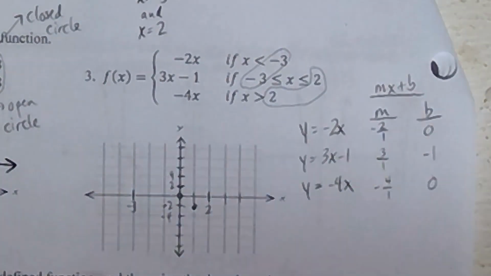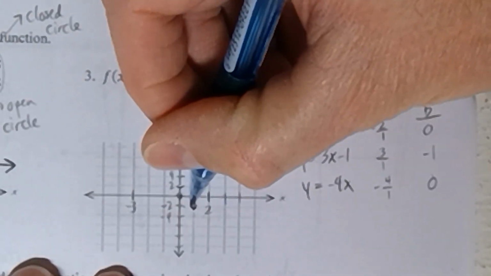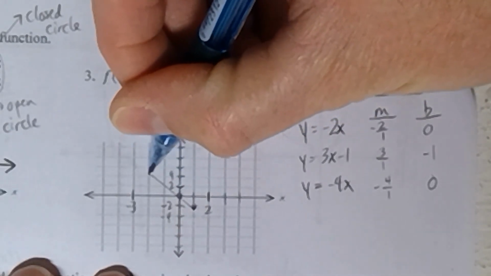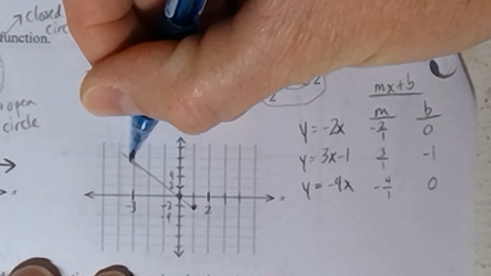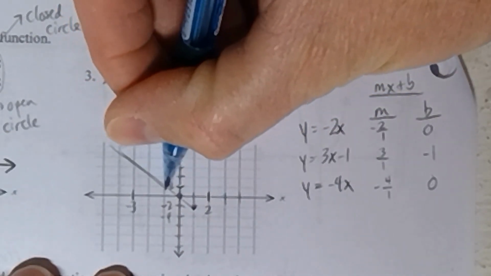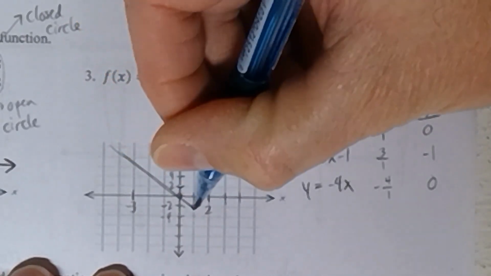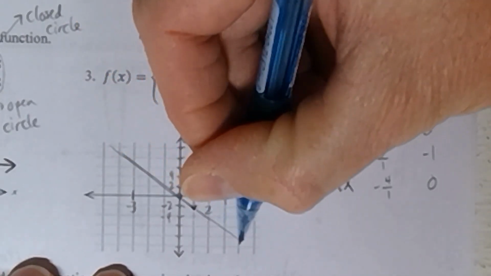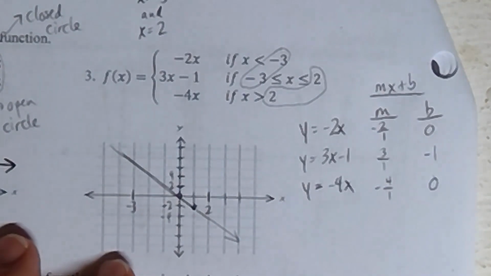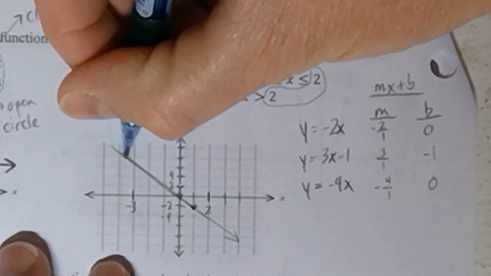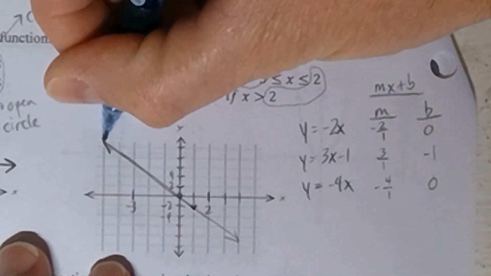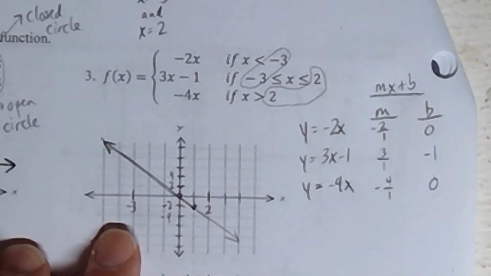Now, if I draw that line right there, do not draw it too dark like we talked about. It is going to look like this right here. Okay. Again, don't draw it too dark. Okay. But what part do I want to keep? Just the part that is to the left of -3.